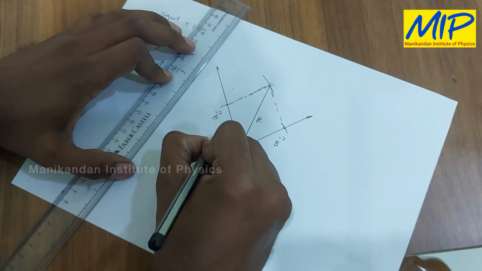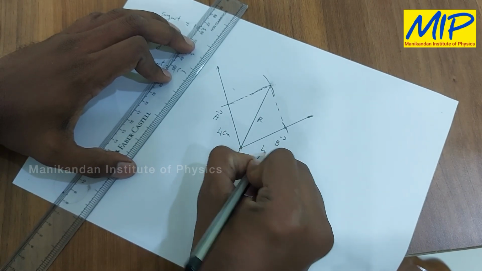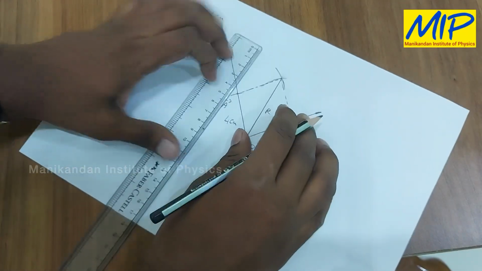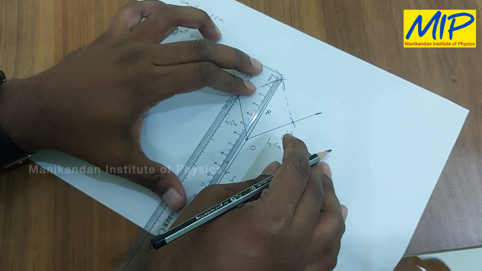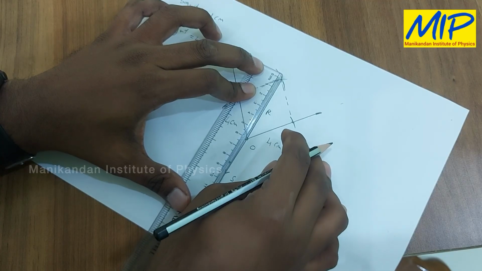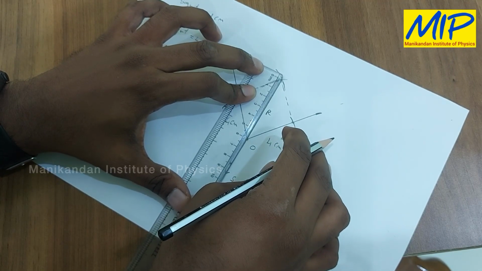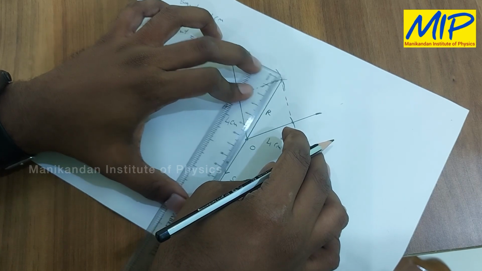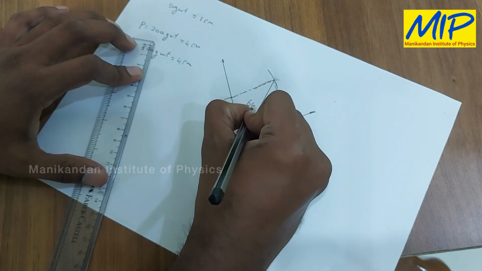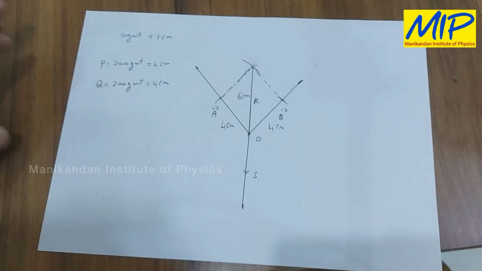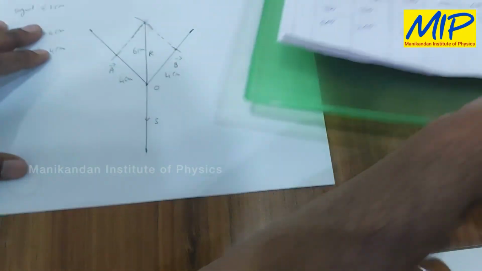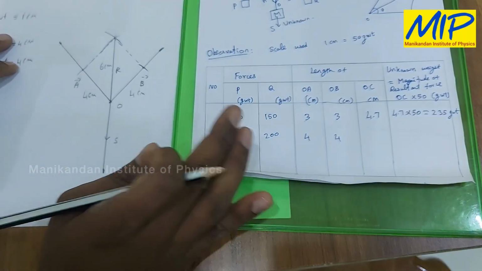So this is 4 centimeter, this is 4 centimeter, and then here my resultant, from here to here will be 6 centimeters. So my R in this case will be 6 centimeters. Now I'm substituting these parameters here.